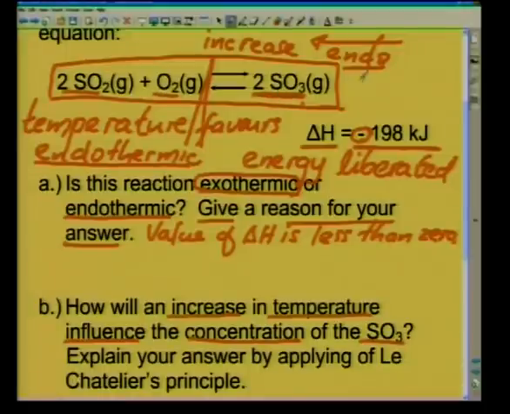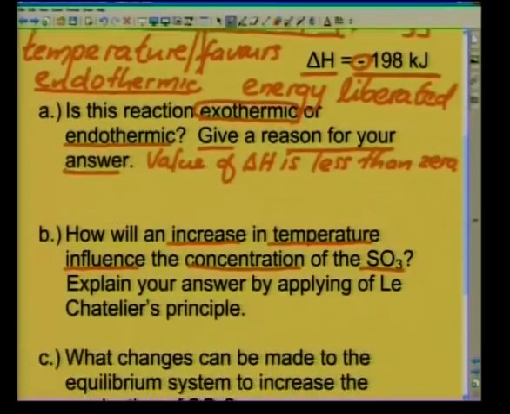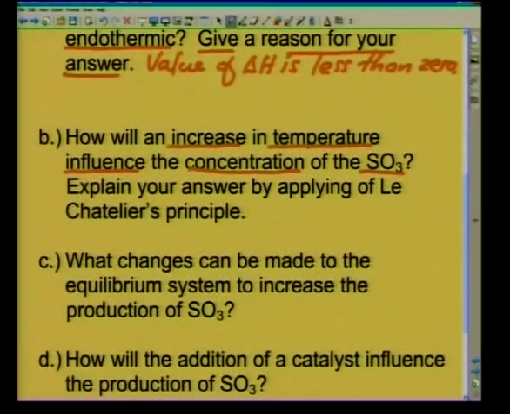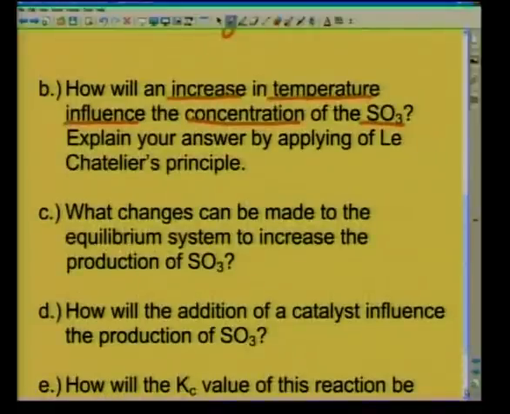So the concentration of SO3 will be decreasing. Okay, so the answer for B here is that the concentration of SO3 decreases. That's how the change in temperature in this case will affect the concentration of SO3.